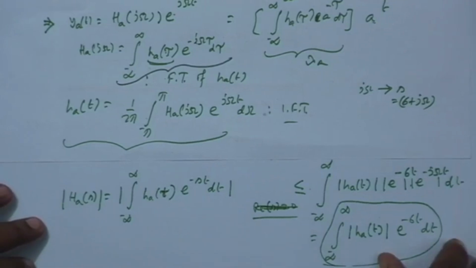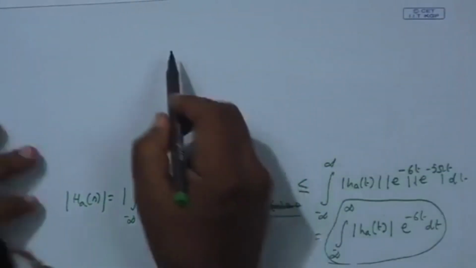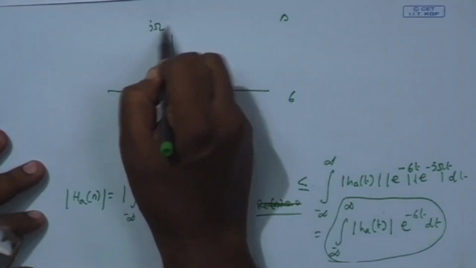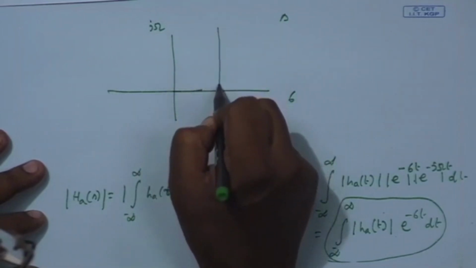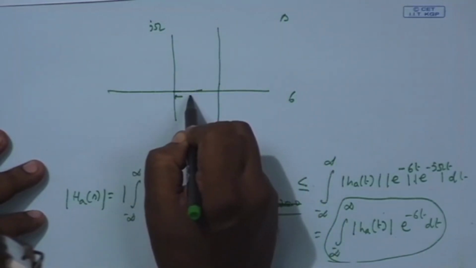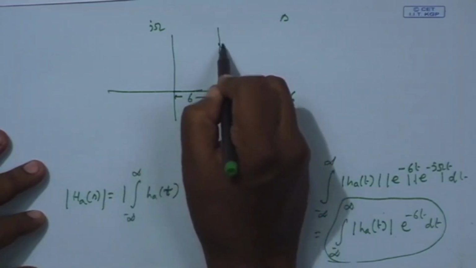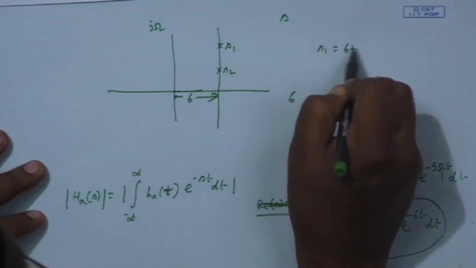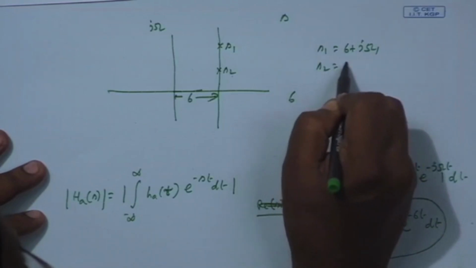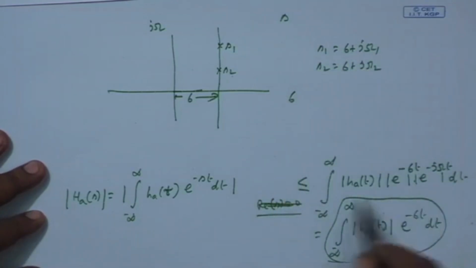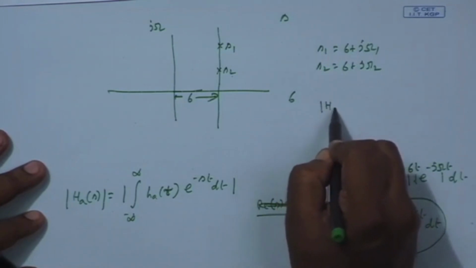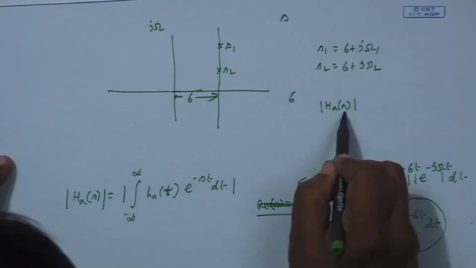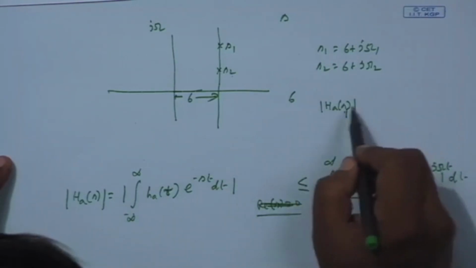So, this should be finite, but that has a beautiful meaning. Suppose I have this complex s plane, this is the real part sigma, this is j omega, and you have a vertical line. This vertical line means the real part is fixed, and suppose I have s1 here, s2 here. s1 is sigma plus j omega 1, s2 is sigma plus j omega 2. So, for this to exist, what is the condition?